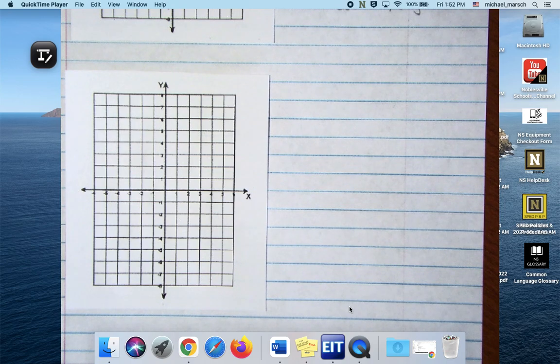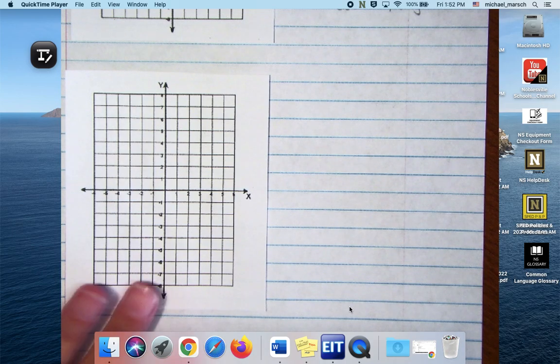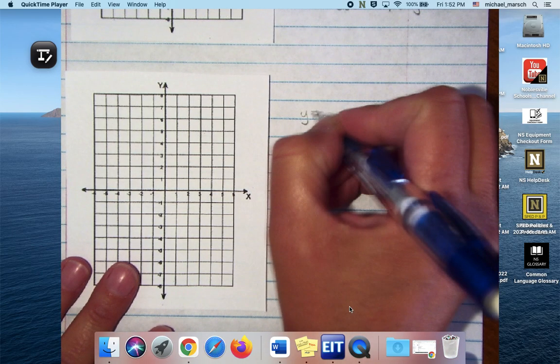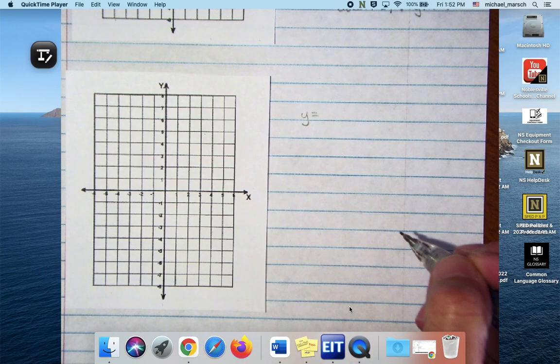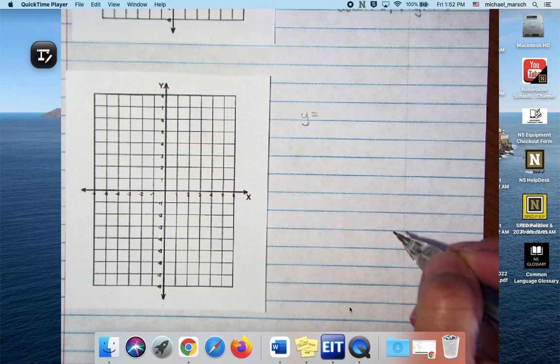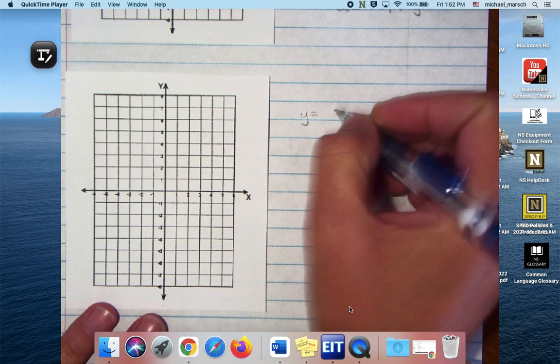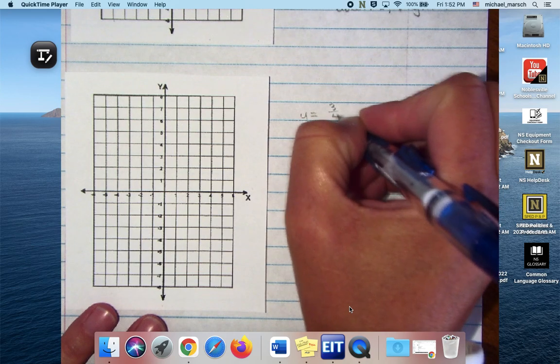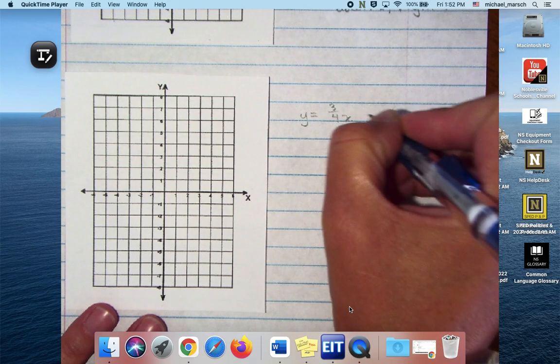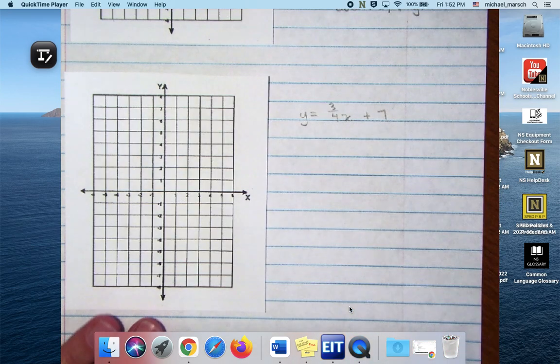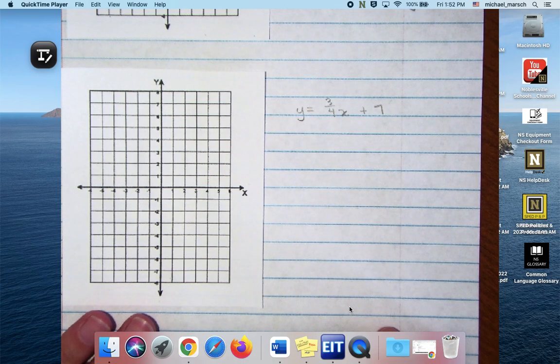Okay, let's do this equation. Y equals 3/4 x plus 7.